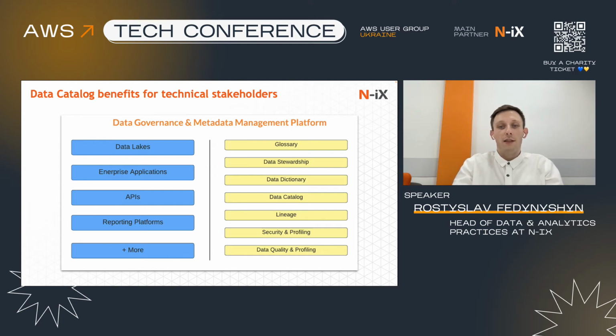Also, we can highlight some features and functions of a data catalog for technical stakeholders, like business glossaries that help to establish standard business definitions. We also have a data dictionary, which is a collection of names, definitions, and attributes.